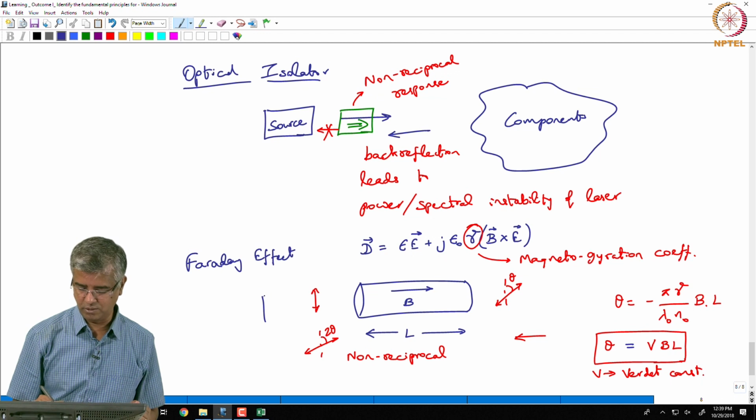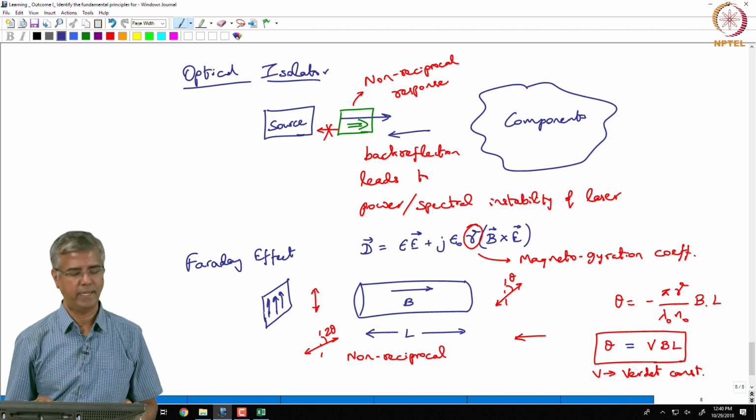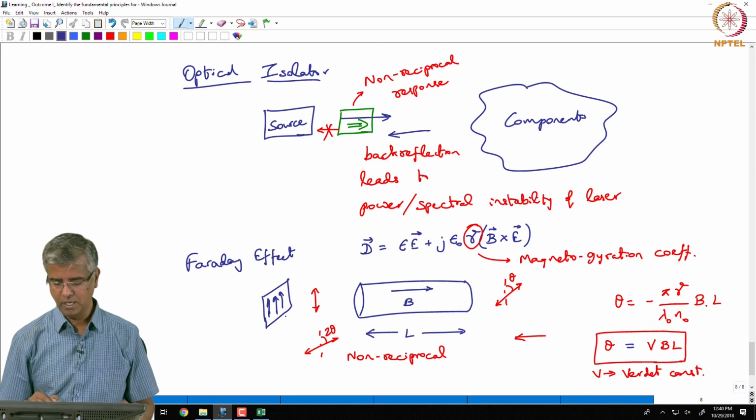That is simple, right. So, you can basically put a polarizer which allows only this polarization, right. So, that is how you got this output polarization like this.